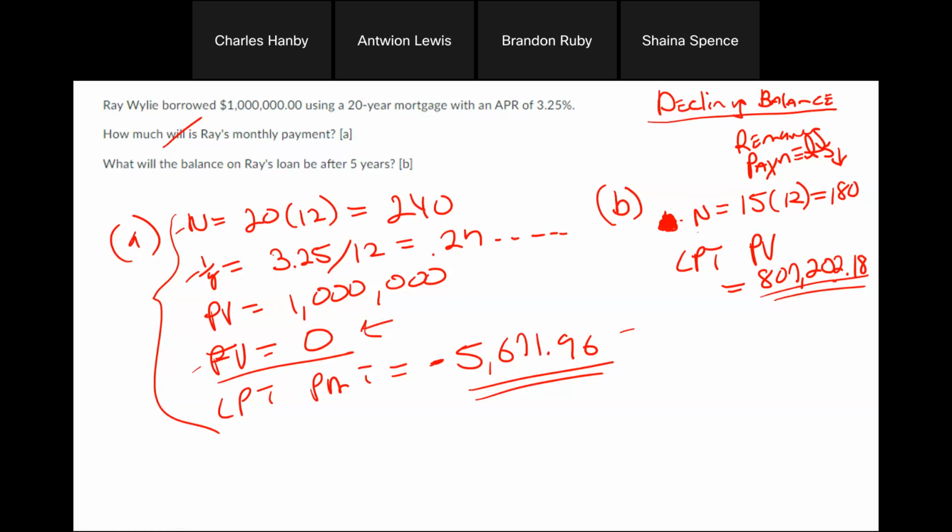The only time we're going to have a future value is when we're saving money, in the calculations we do in this class.